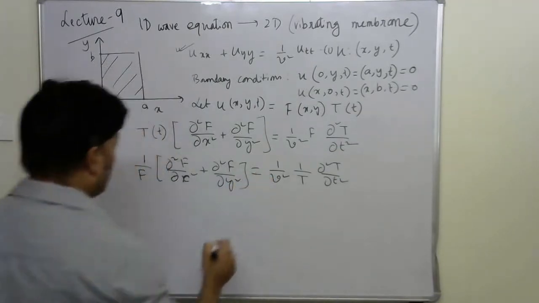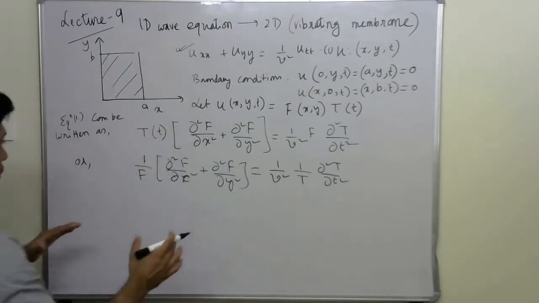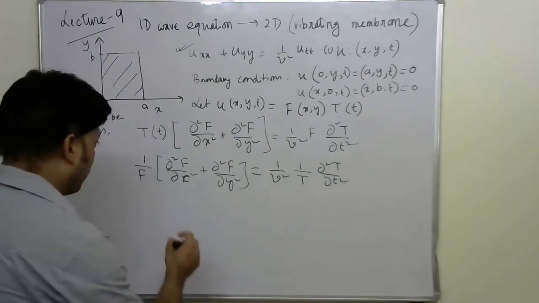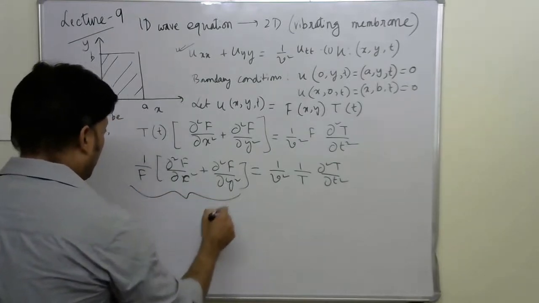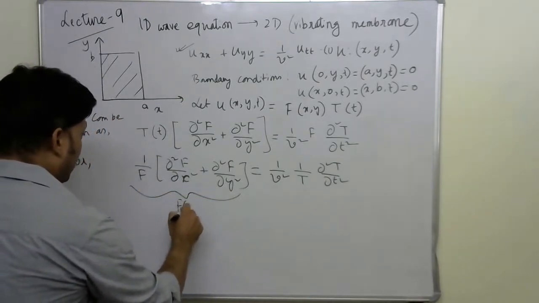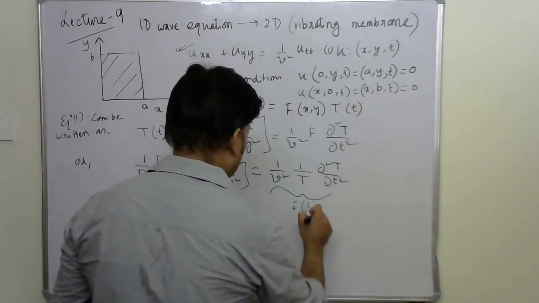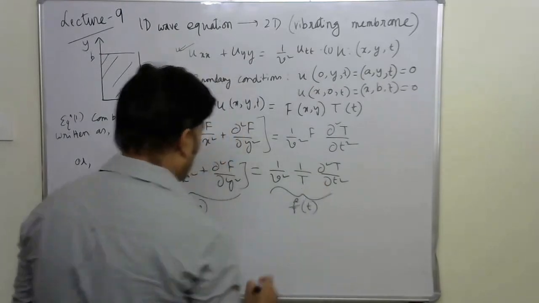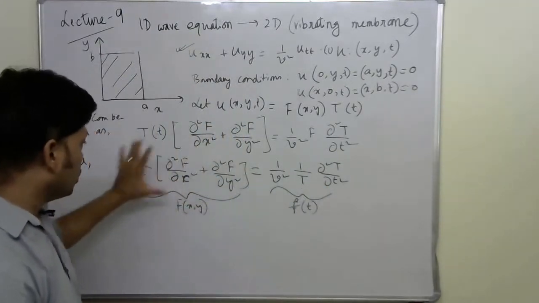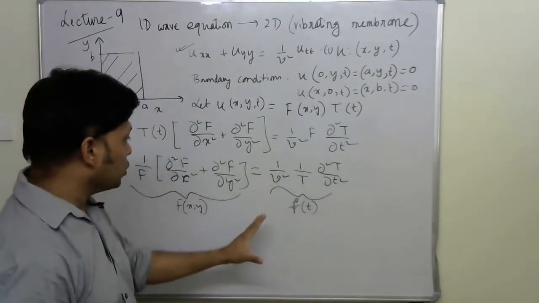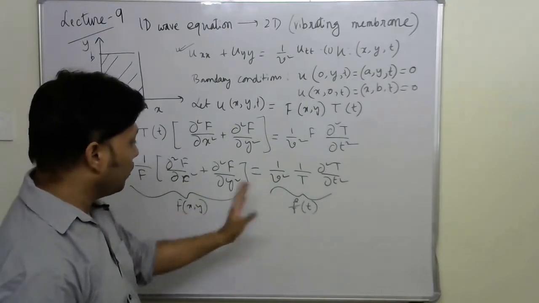Once again we see that we have arrived at the same situation as before. This part is a function of x and y, and this part is purely a function of time. So one independent function is equal to another independent function, consisting of different independent variables.